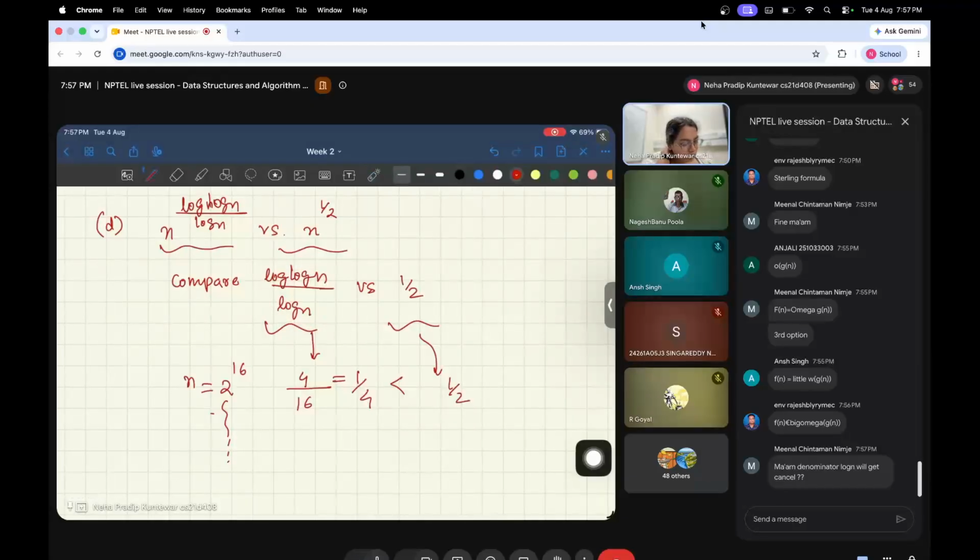If you look at the limit as n tends to infinity of log n by log n over 1 by 2, where this is your f(n) and this is your g(n), this is going to be 0. So that means by definition, f(n) is little o of g(n).